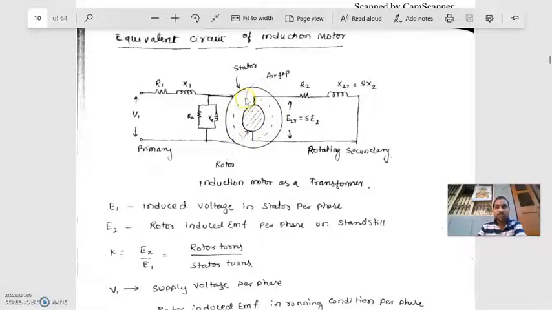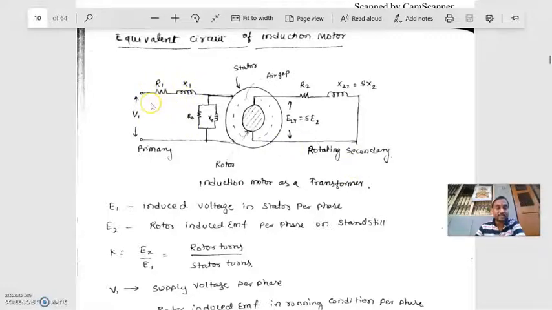The distance between stator and rotor is nearly 0.4 mm to 4 mm. The stator is represented as the primary side and the rotor as the secondary side. Hence it is called a rotating transformer. The induction motor is also called a rotating transformer.